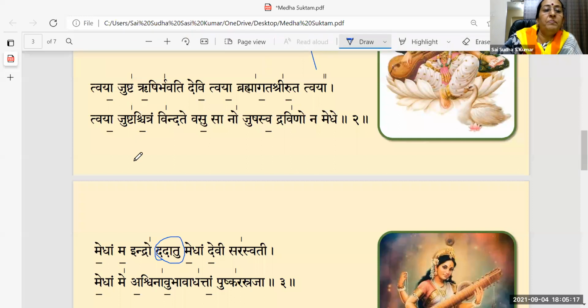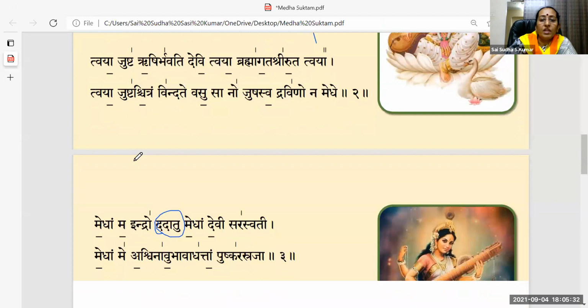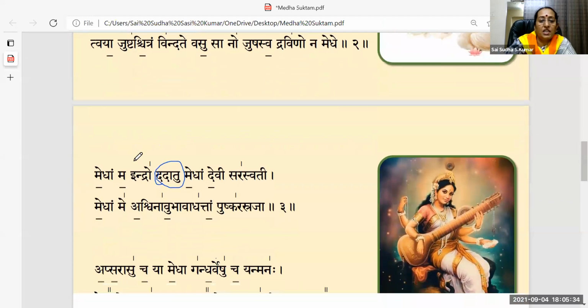I have heard many people chanting Tvaya Jushta Rishir Bhavati. It is Jushta Rishir Bhavati. So immediately after shta, without giving a gap, we have to chant the next word. These two I had noticed while chanting.